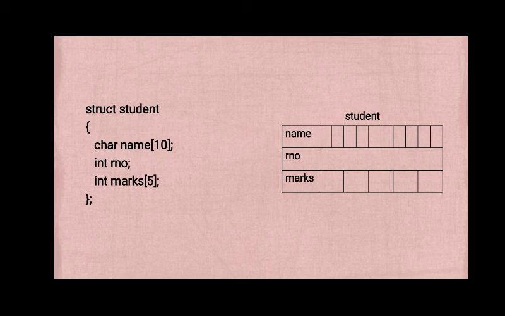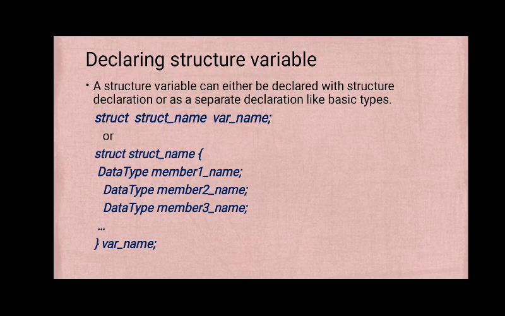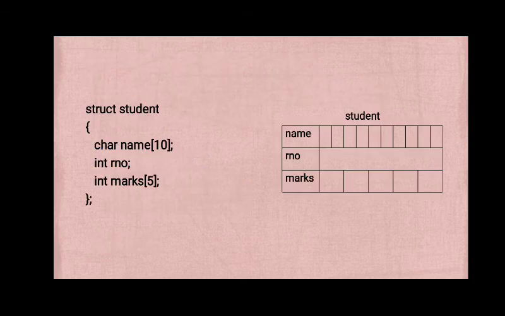First, char name specifies that the student will have a name which is of data type char, and it is an array having 10 values. Next you have a roll number. The student will have a single roll number, and then you have int marks of 5, which means an array marks of integer data type that can have a maximum of 5 values.